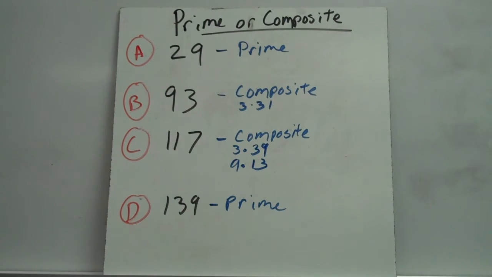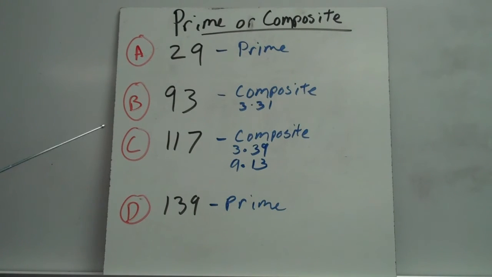So for A, we have 29, and 29 is a prime number. The only factors that multiply into 29 are 1 and itself. The number 93 is a composite number. Okay? Remember the rule for 3?